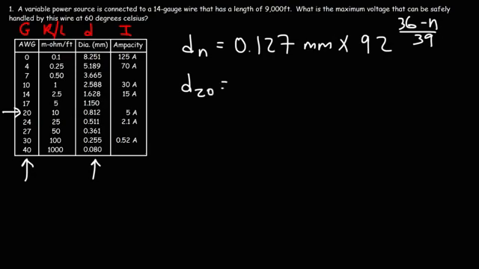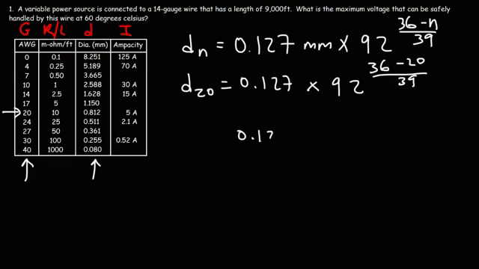So n is going to be 20. So this is going to be 0.127 times 92 raised to the (36 minus 20) over 39. 36 minus 20 is 16, and 16 divided by 39 is a long decimal number, so I'm going to leave it like this.